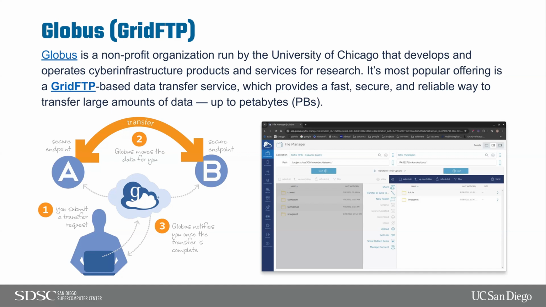It's secure, and it's fast because it does it with multiple streams. So we talked a little bit about how to parallelize transfers. This is the go-to if you have large sets of data that need to be transferred quickly and in parallel across research networks where you have these endpoints available. This is the tool you want to use.